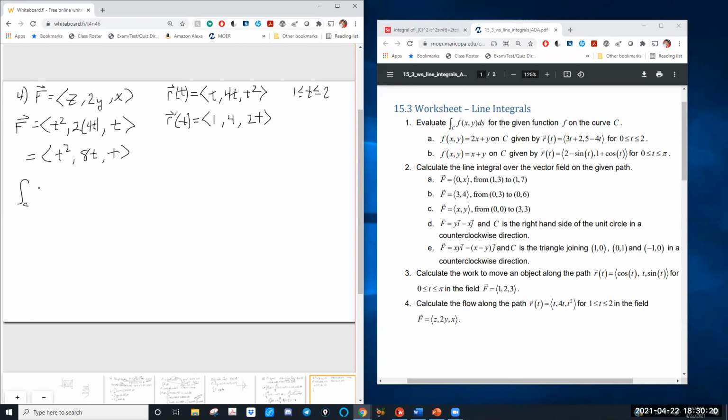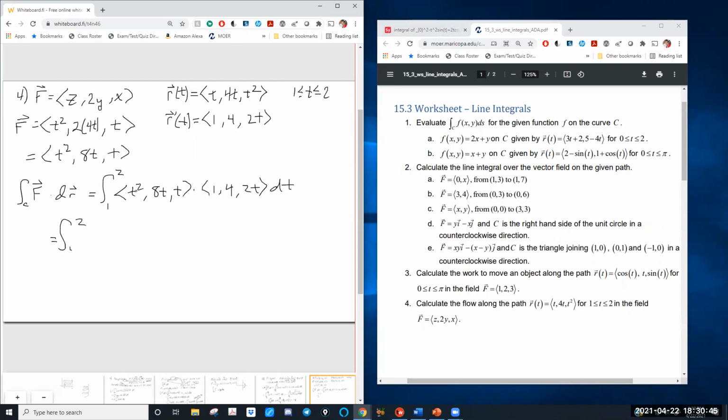Now we do our F dot dr, which is going to be our vector field in terms of t, dotted with 1, 4, 2t, dt, and our limits are 1 to 2. Now we just do the dot product.